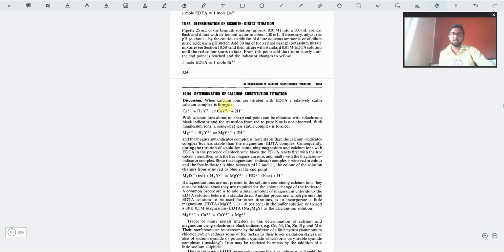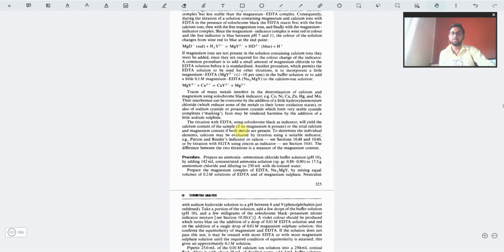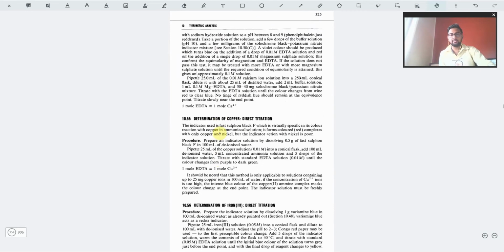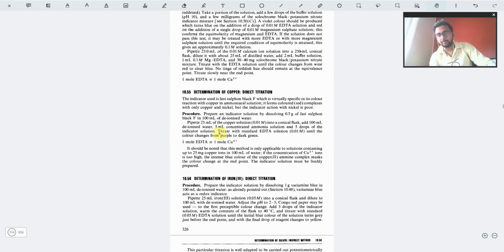Okay. For calcium the calculation is also given, with the procedure, and obviously calcium is more widely used in practical labs than copper or iron, because calcium is easily available. That is why they have given so much detail on calcium also.